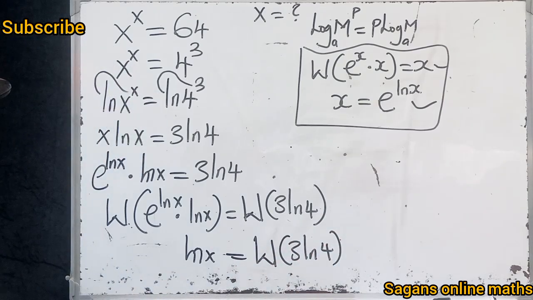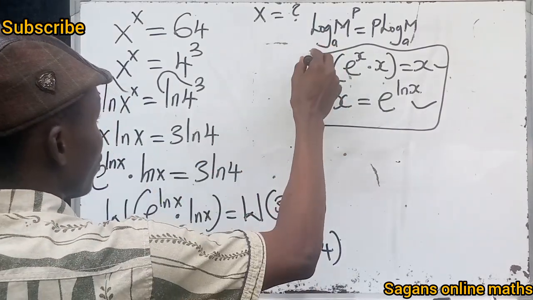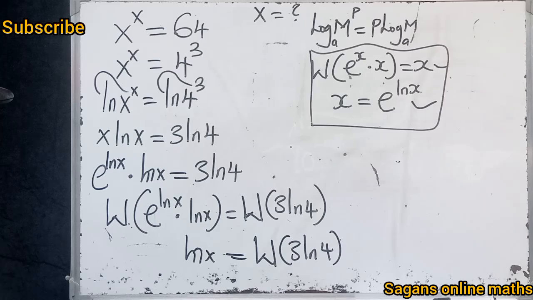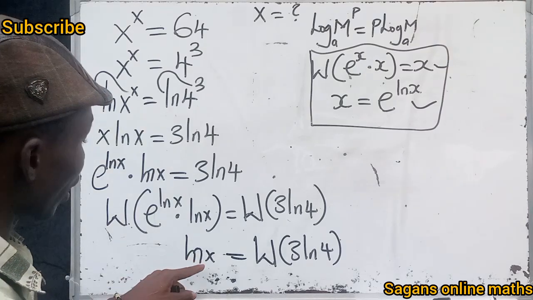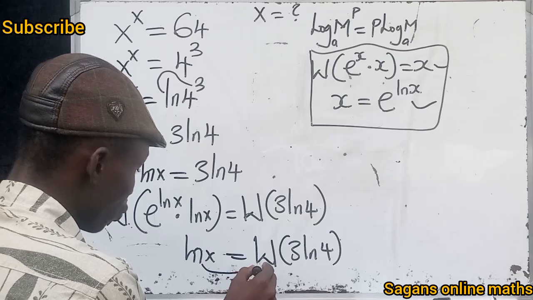Okay, so we can remove this. Now we know that this ln we are seeing is in base e. That means e raised to the power of this will give us x.